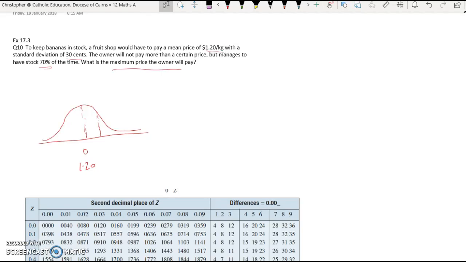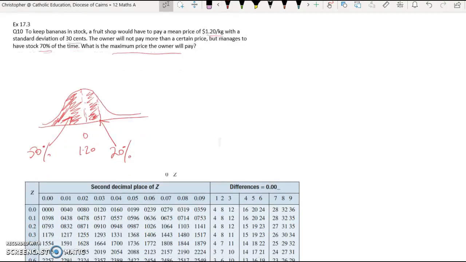Now this is where we've got to work in reverse. In this half is 50%, so in this part here, this is the 20% more than the mean that he will go.